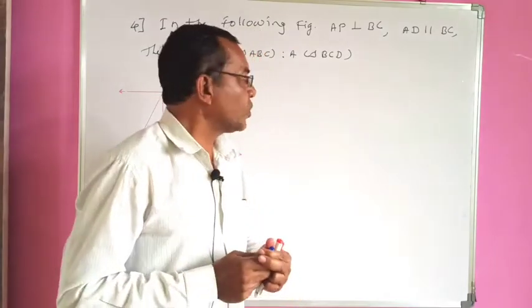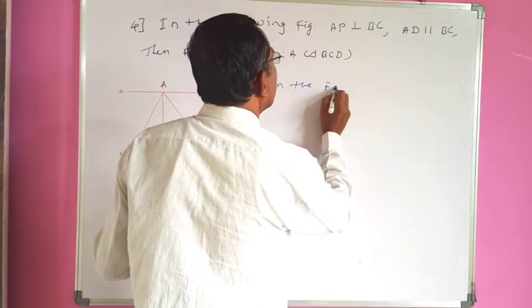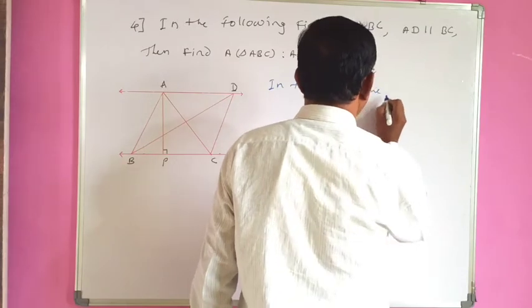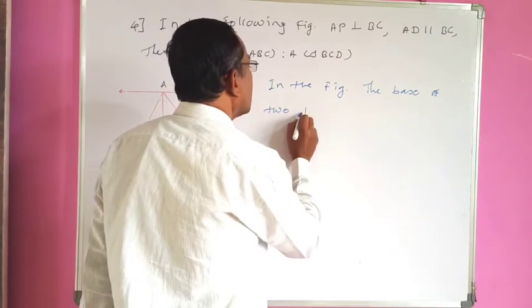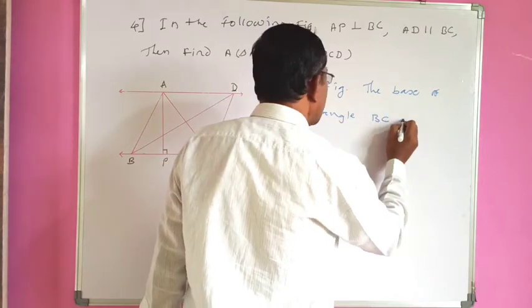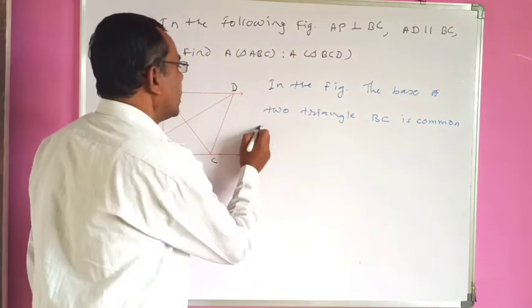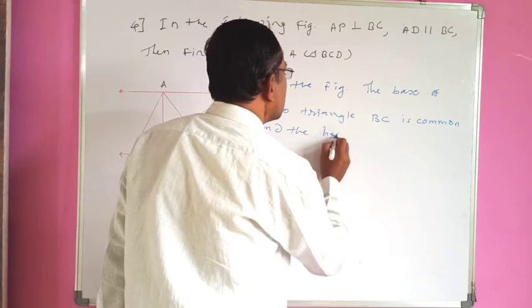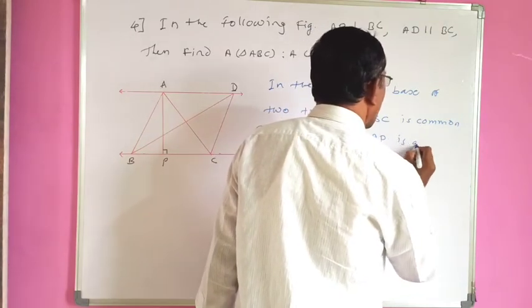Okay, now see here in the figure, the base of two triangles, that is BC, is common or same, and the height AP is also common.